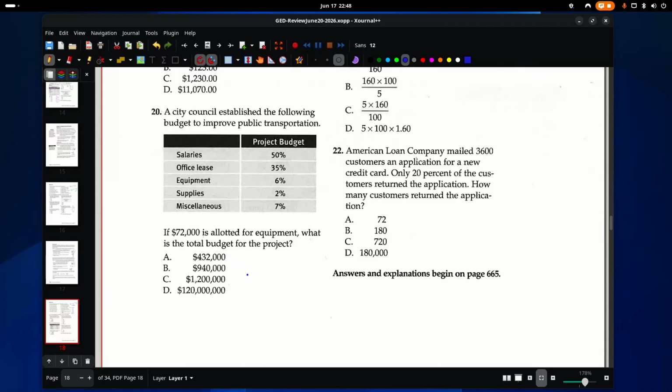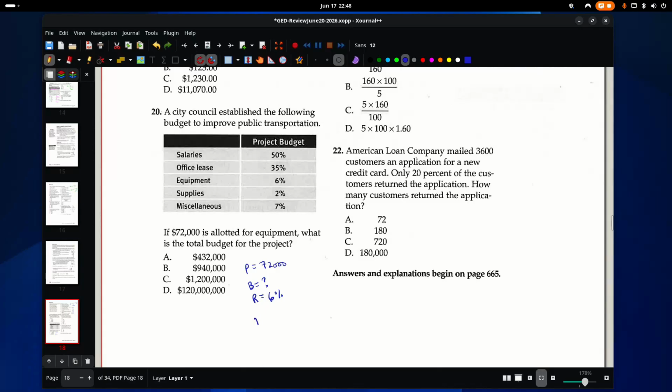So $72,000 is allotted for equipment. So the part is $72,000, and the base is what we don't know, and the rate is, we look up for equipment, and equipment says 6%, and so we want to know the base.